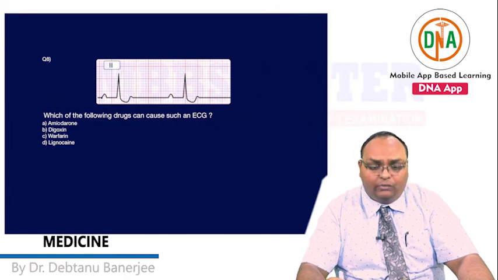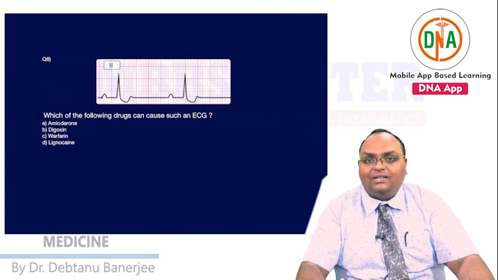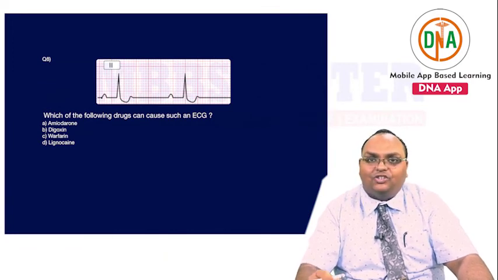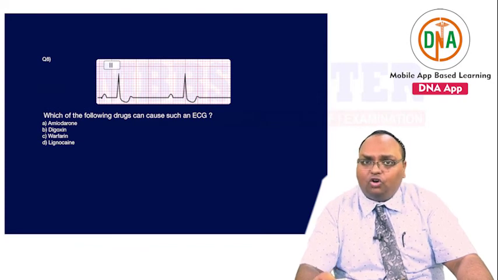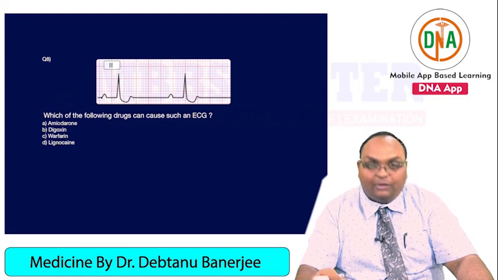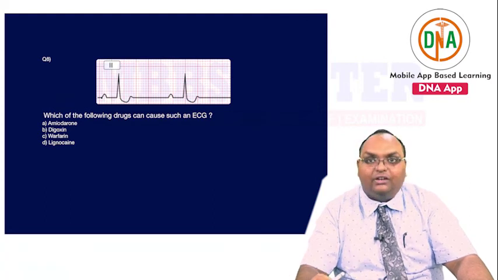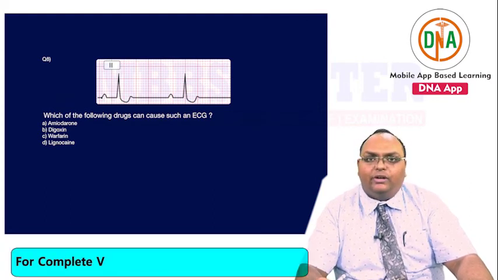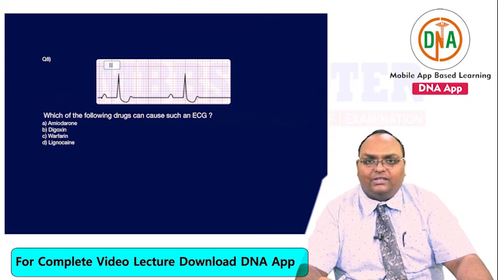So friends, what are we looking at over here? We are looking at an ECG with an abnormal shape, and the question says which of the drugs can cause the appearance of such an ECG. Look very carefully, the options are amiodarone, warfarin, digoxin, lignocaine. We studied about lignocaine in its role in suppressing the ventricular tachycardias.